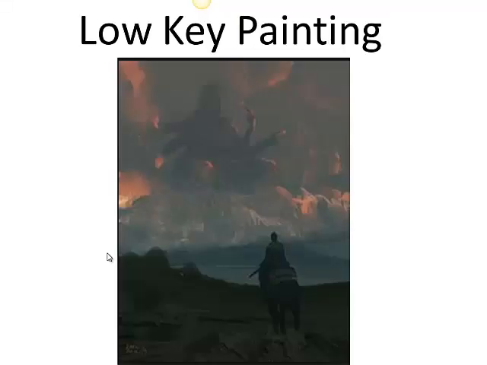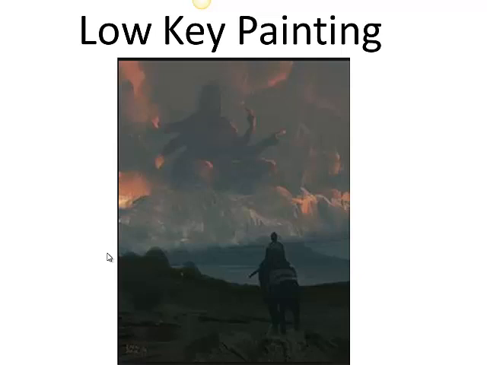Then we're going to go to a low key painting, and you're going to pick values that go from 55 to 95. So anywhere in there, you're going to pick three, and your light will again be closer to the 50.